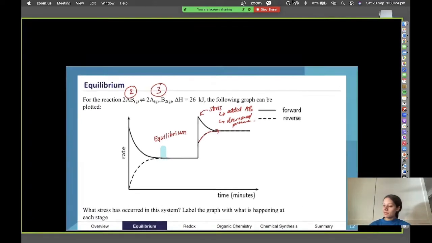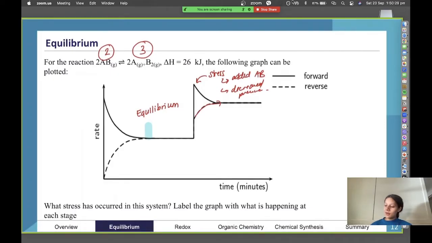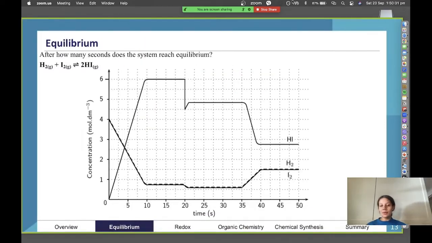Any questions again, please drop it into the chat. So our next one's also another graph question. Now we have a concentration time question, so that's a more common one. This one's looking at after how many seconds does the system reach equilibrium? So again, have a go at this question.